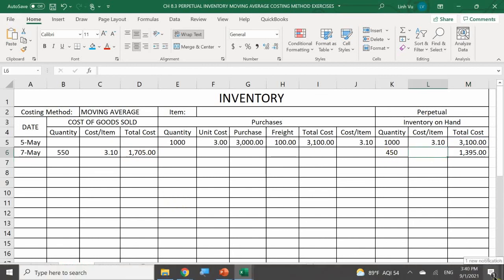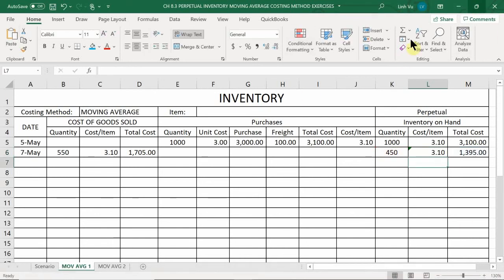And what I'm going to do here is calculate my average cost per item, taking my $1,395 and dividing it by my 450, and I still get $3.10, which is correct, because that was our first batch of inventory. It's an even number. But once we make purchases of inventory, that number is going to get skewed.